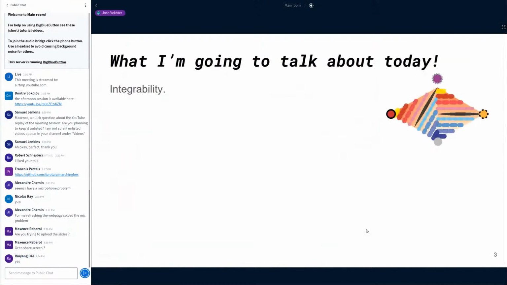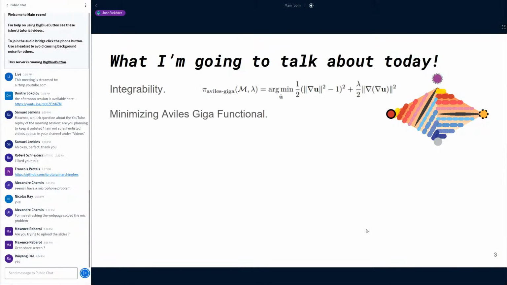As a brief summary, I'm going to be talking about integrability, as a number of other people have been talking about today. Specifically, I'm going to be talking about something called the Aviles-Giga functional, which I think is not something that people in this community think about too much. It's very similar to something that people do think about, which is the Ginzburg-Landau functional.